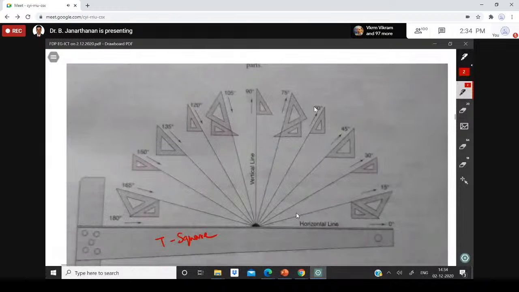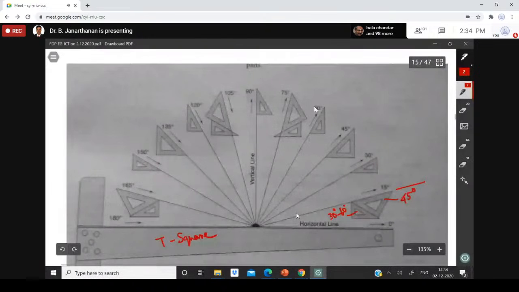Then if you keep the horizontal line as 0, and you want to make a 15-degree angle, you can use this combination of the 45-degree set square and this 30-60 set square. So if you use this combination, you will get this 15-degree angle.